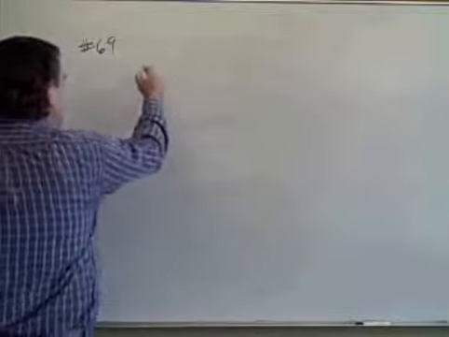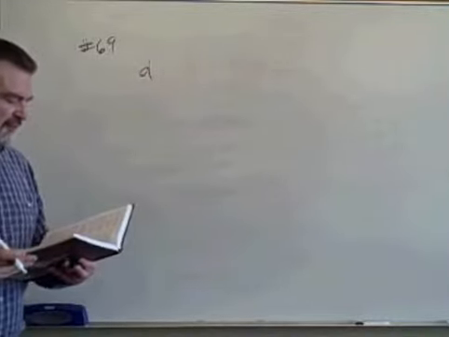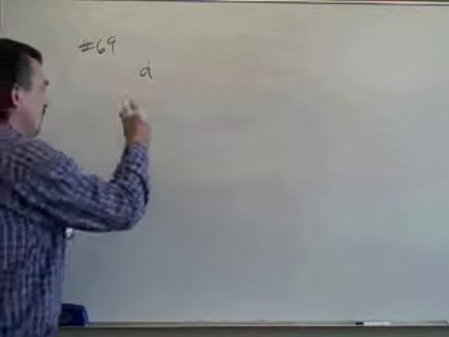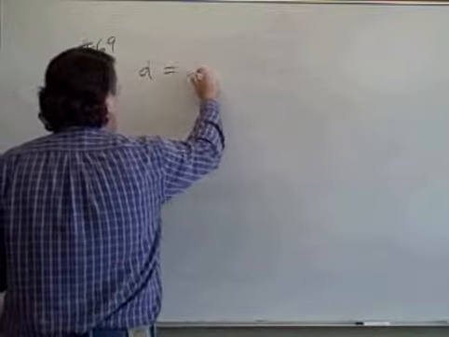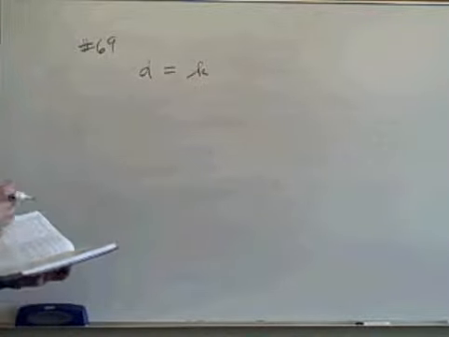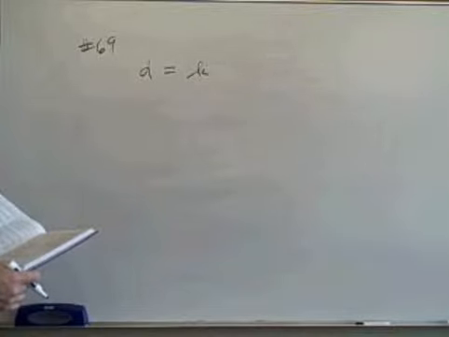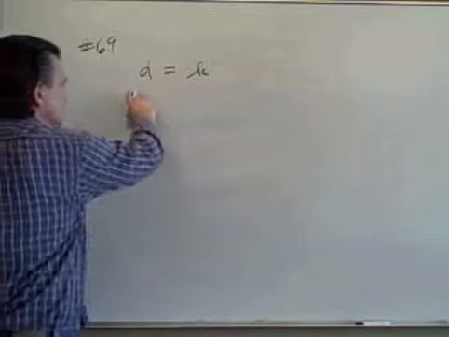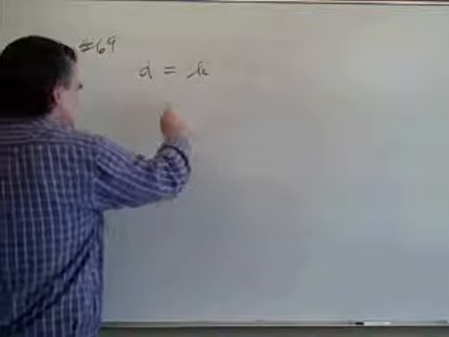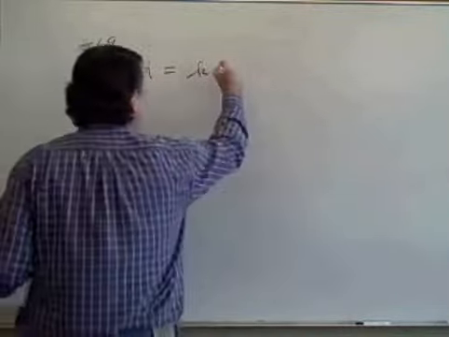Remember, direct variation is a multiplication of the constant with the other quantity.